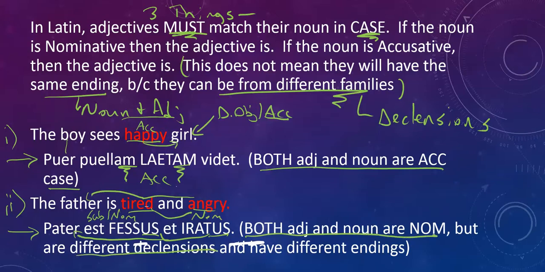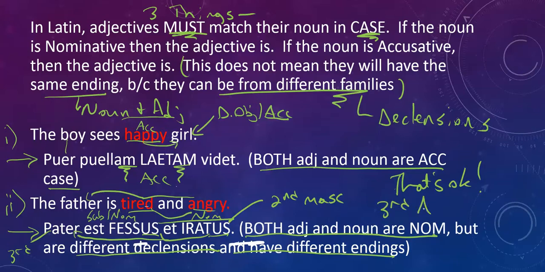Now they are different declensions and have different endings. That's okay. Father is third. Fessus and erotus are using second masculine. And that's okay. Right now, we don't have third adjectives. So we're going to see that we can only use first or second endings with our adjectives.